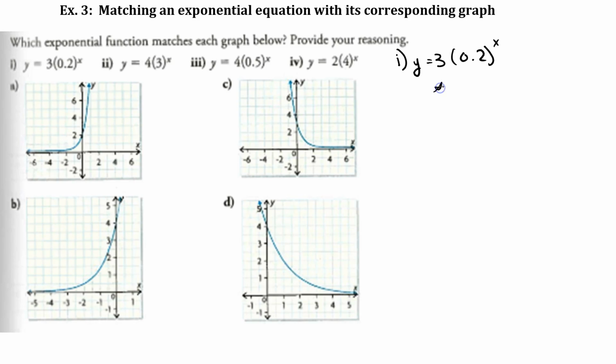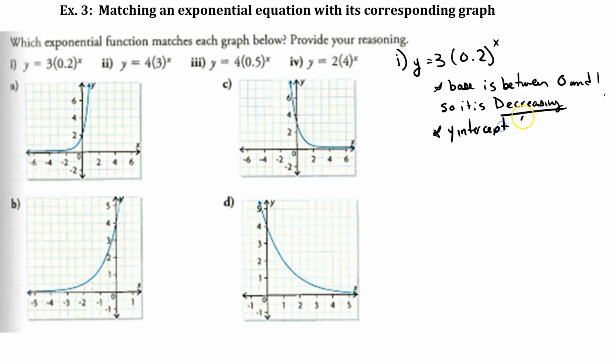Now we're noticing that the base is between 0 and 1, so it is decreasing. Okay, it's getting littler. Okay, and the y-intercept is (0, 3) because we have a stretch factor of 3.